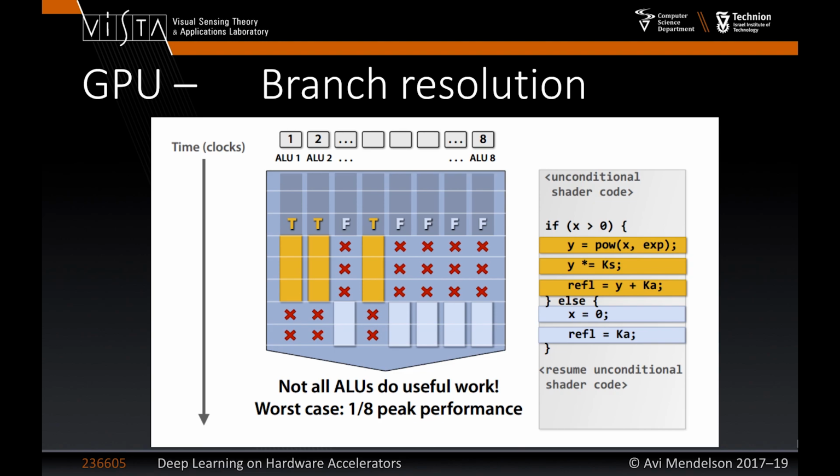So whenever they have a condition, say x greater than 0, each one of the processors actually does the comparison. So it may happen that for some of them it is true and for some of them it is false, because we are executing 32 threads in parallel. All the 32 execute the same instruction.